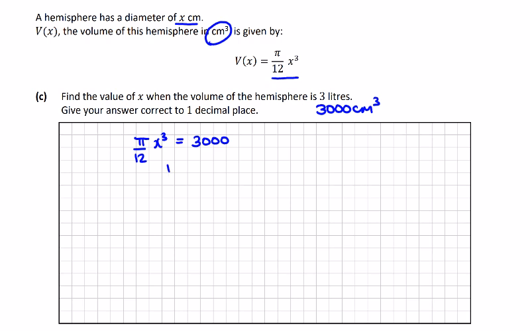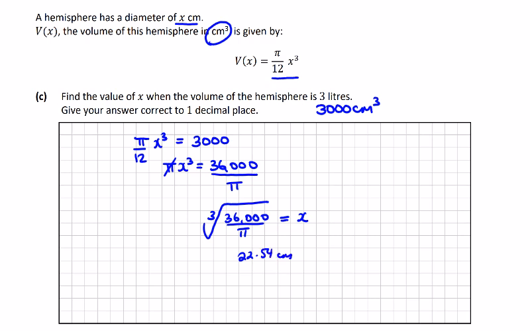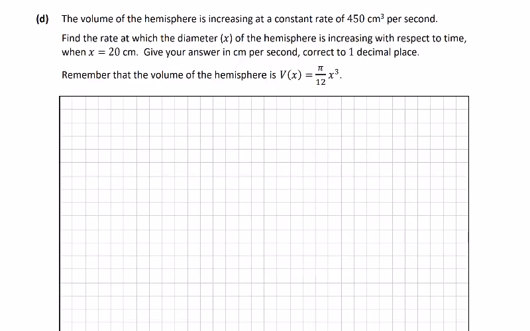So pi x cubed is equal to 36,000. Dividing by pi, x cubed is 36,000 over pi. So I need the cube root of 36,000 over pi to get x on its own. That's giving me 22.54 centimeters. To one decimal place that would be 22.5 centimeters.